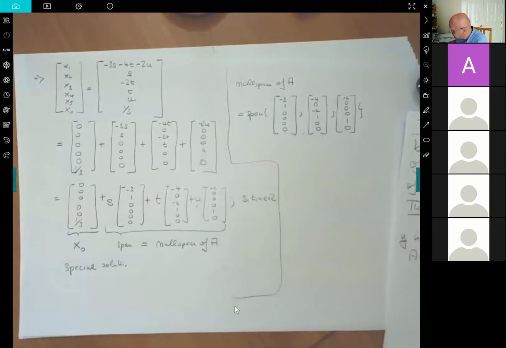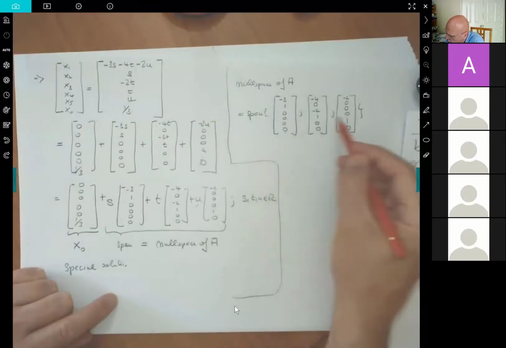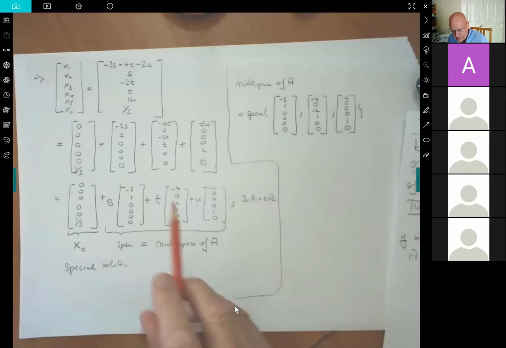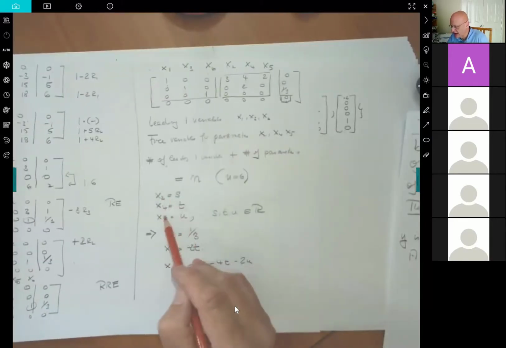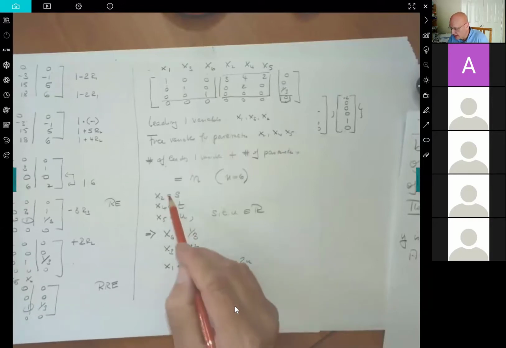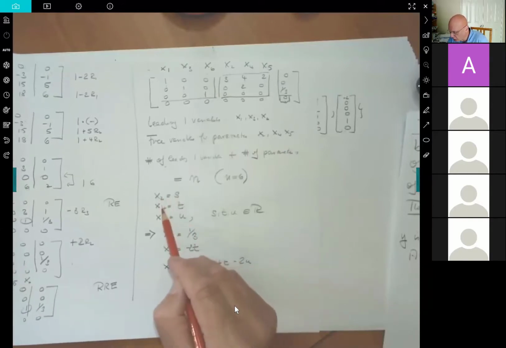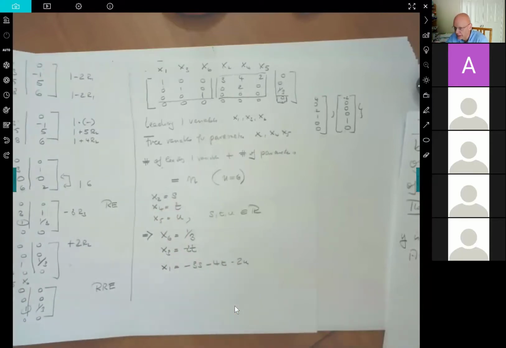And now the final thing, which I said already yesterday, now we look here only in the rows where there is this 1. Remember, at the beginning we always say x2 is s, x4 is t, x5 is u. So that means in row 2 is a 1, in row 4 is a 1, in row 5 is a 1 for the corresponding column.